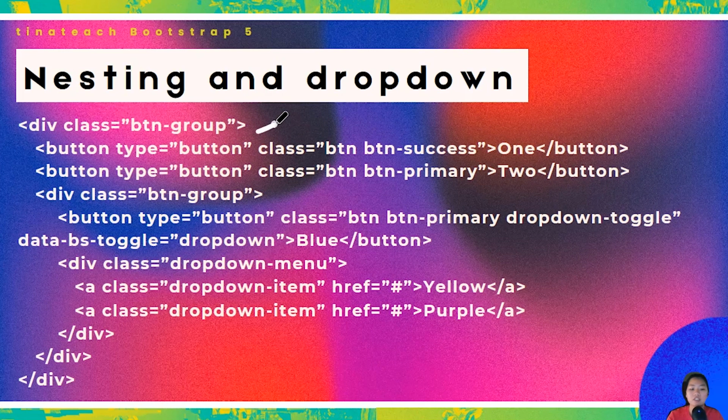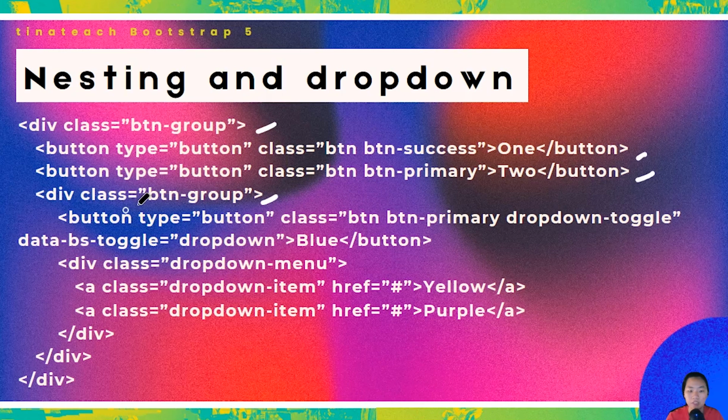We start with container, of course, button-group, and then button type button, class btn, and then the color 1. So this is our classic default button. The second one has the same syntax, but after it, we have a separate div. Div container class button-group.